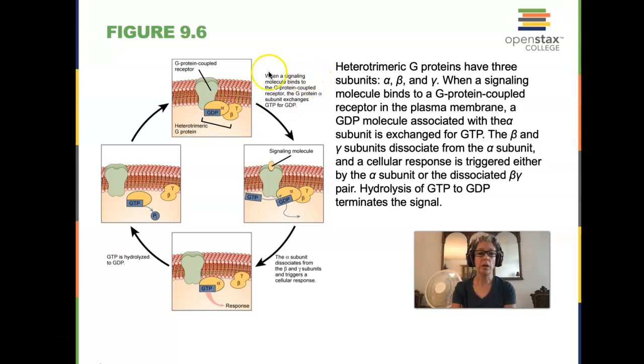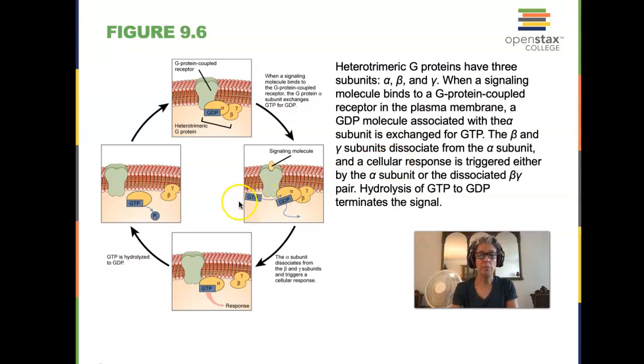When a signaling molecule binds to the receptor, not the G protein, the receptor is coupled to or bound to the G protein. The signal molecule binds to the receptor. When that happens, that triggers a GTP to replace GDP. We're not exchanging phosphates here. The whole GDP comes off and the whole GTP comes on.